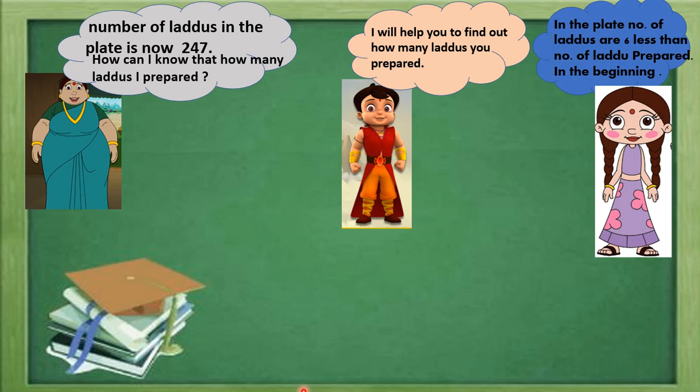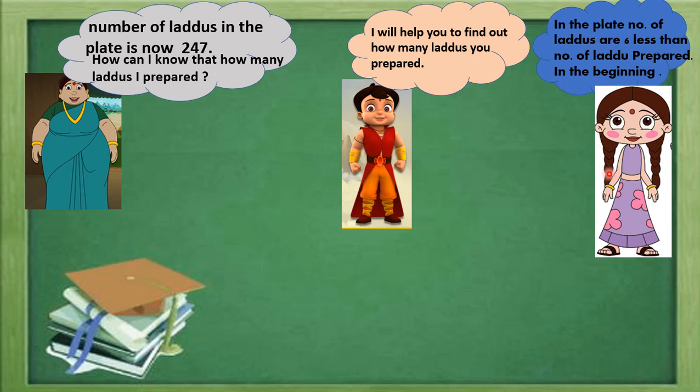Then a girl, Chutki, comes there. She is the friend of Bhim and daughter of the auntie. She also states that the number of laddus in the plate is 6 less than the number of laddus prepared in the beginning.